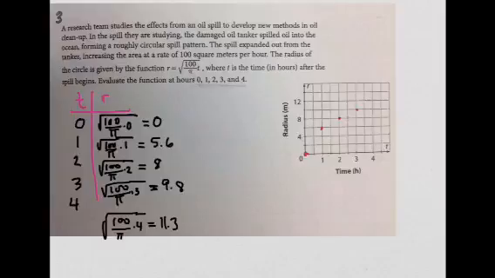And 4, 11.3. So 4, this is 10, 11, about here. Okay, and connect. And there's the arrow to go to the right, but I don't know if there's a limit on time, so we'll just put it like that.